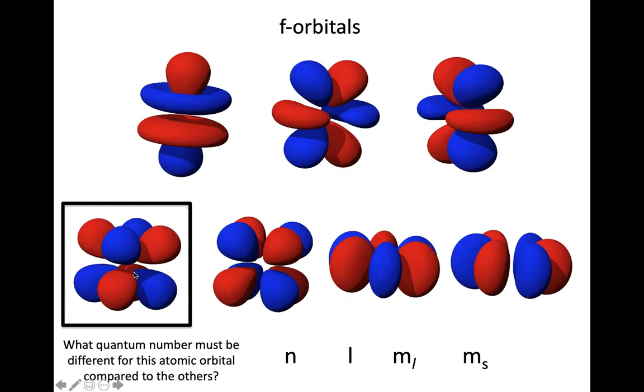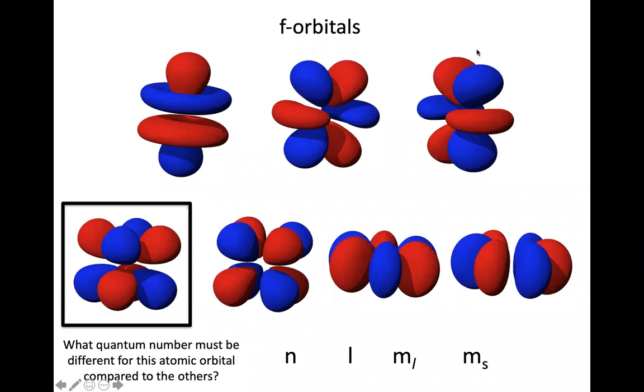What quantum number must be different for this one compared to the others? So these are all f orbitals. What quantum number must be different for that one compared to the other one? Let me send you a question on that. I'm really asking, when we have these different options, they're different options because of which quantum number?